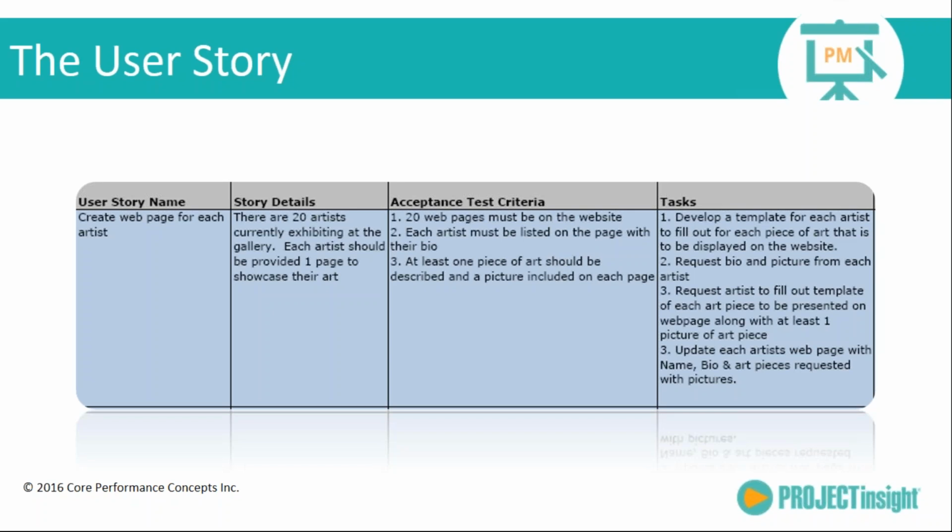You're asking for user stories from your client to identify what they want to change. We're asking the client for some details on what it's going to look like when it's done, and we're asking them about some acceptance criteria. So how do we know when we're done?